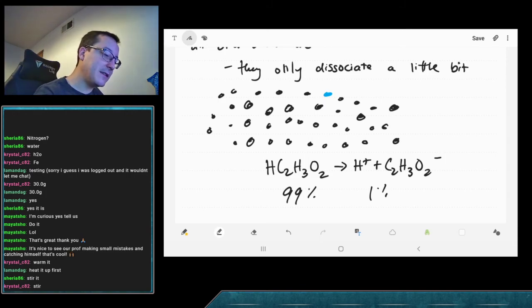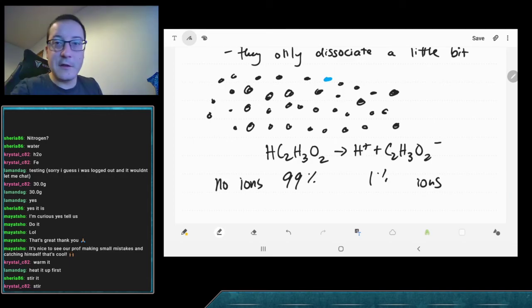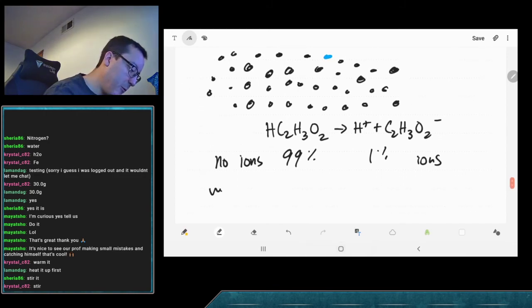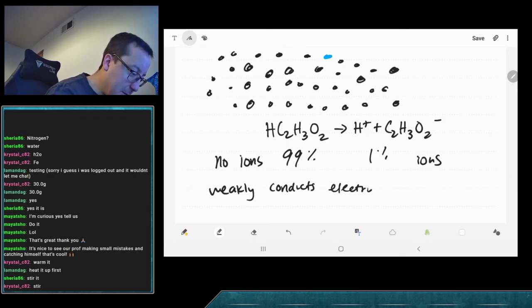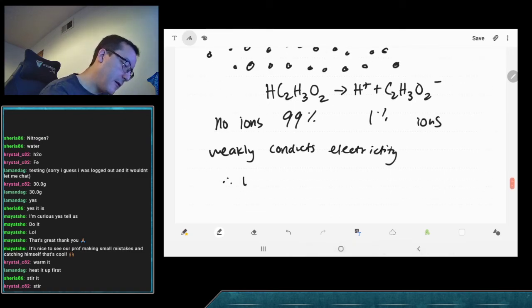As we can see here, we have ions on this side, but no ions on the other side. And so this only very weakly conducts electricity. And so they are weak electrolytes.